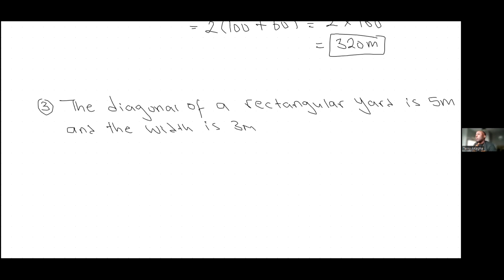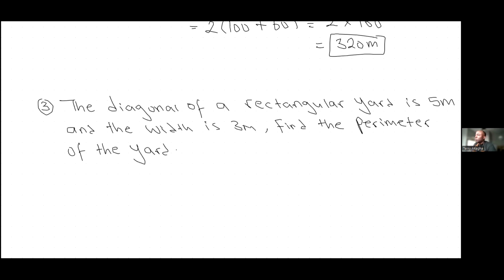We're now told to find the length, so find the perimeter of the yard. Okay, so in this question, it's a little bit interesting. We're told that the diagonal of a rectangular yard is 5 meters and the width is 3 meters. We should find the perimeter of the yard.